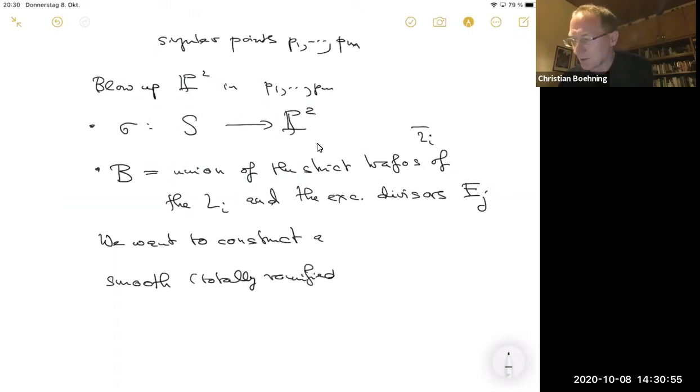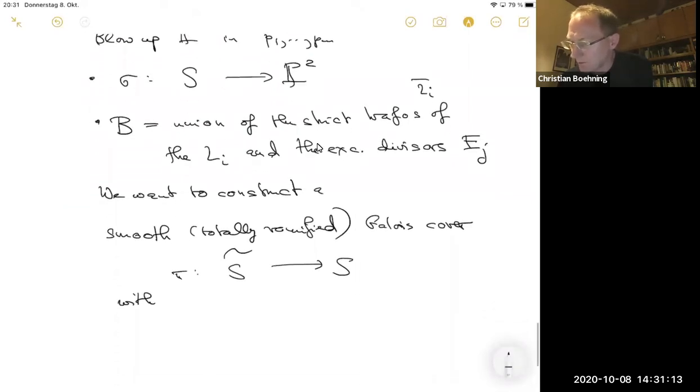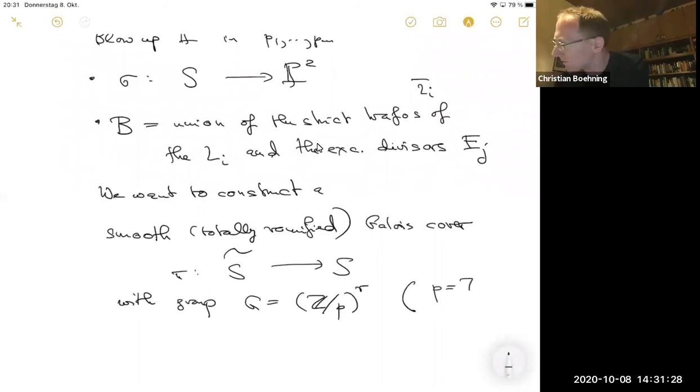So it should be non-trivial over some cover of S. So we want to construct a smooth, totally ramified Galois cover S tilde of S with some elementary abelian p-group as group of deck transformations, so with group G, some Z modulo P to the R. Actually, in our example later, P will be 7 and R will be 4.